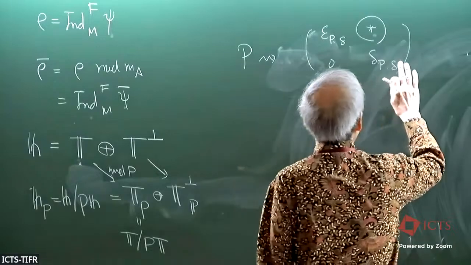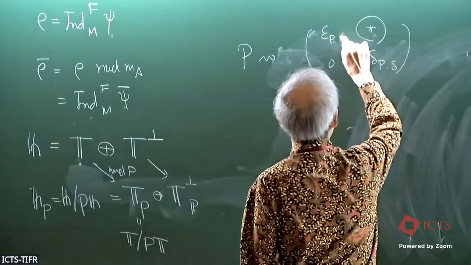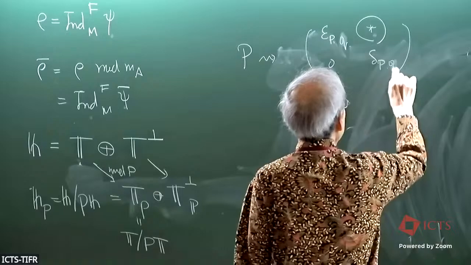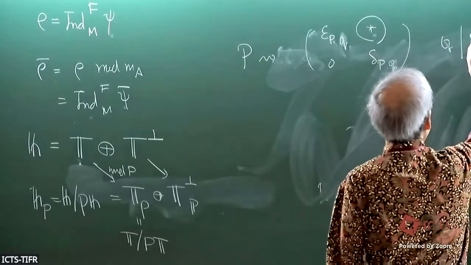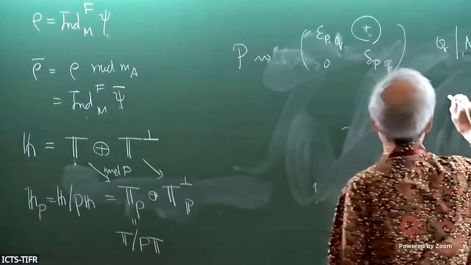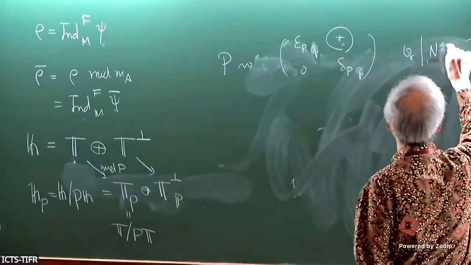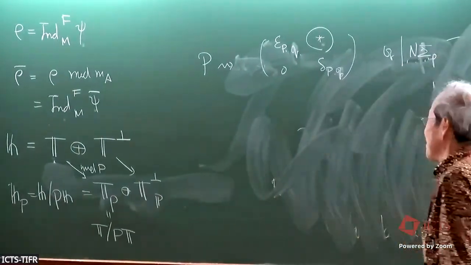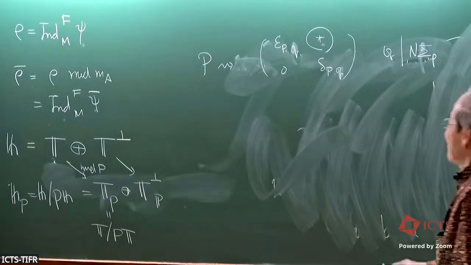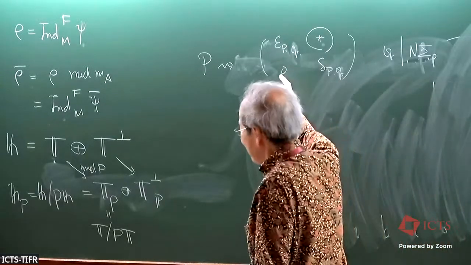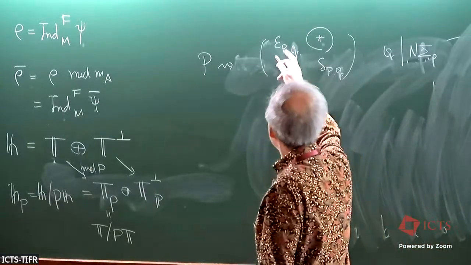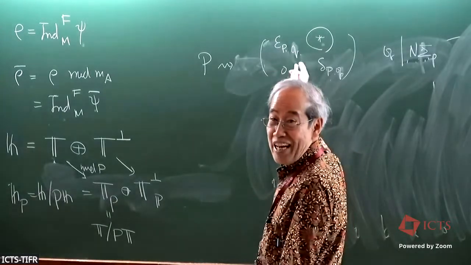I also, not delta, I mean, goes Q. Here I allow Q to be a prime factor of N and P. Maybe N and sigma. It's a better choice. So you impose that the deformation matches these two characters.